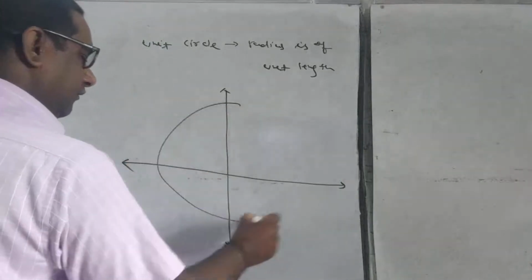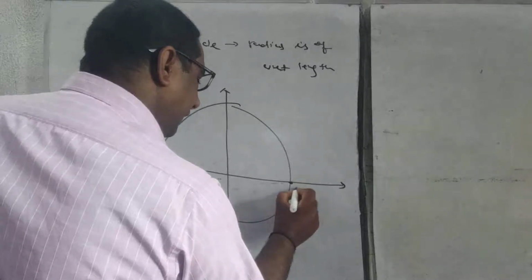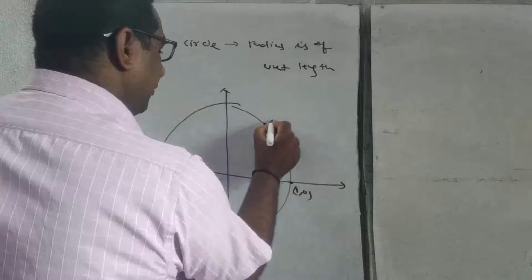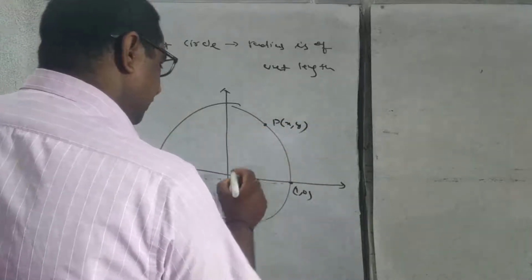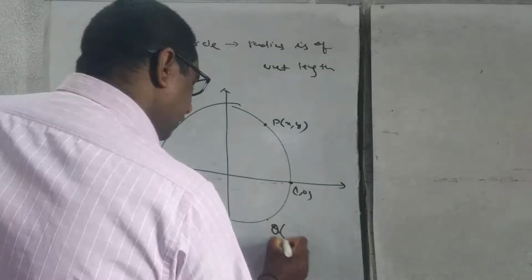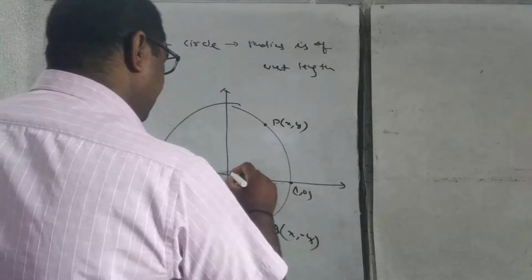Then draw a circle of radius 1 unit. So this point is (1, 0). Suppose this is the point P(x, y), and this is the point Q(x, -y) because it is in the fourth quadrant.